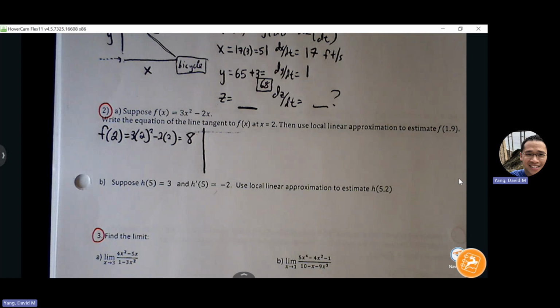Let's see. We want to find the equation of the tangent line. So we have the ordered pair. What else do we need to find? Slope. Yeah. So for the slope, we first have to find the derivative, right? So find f prime, find f prime of 2. Okay, try that.